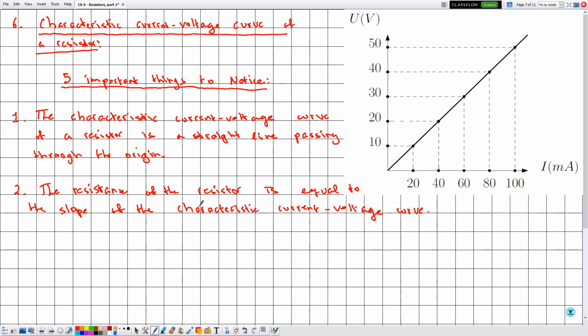Now in the coming section, I will explain what's meant by idea number 2, that the resistance of the resistor is equal to the slope of the characteristic current voltage curve.